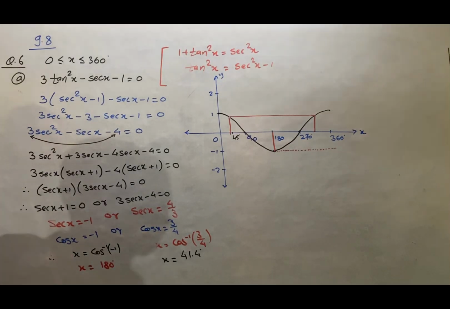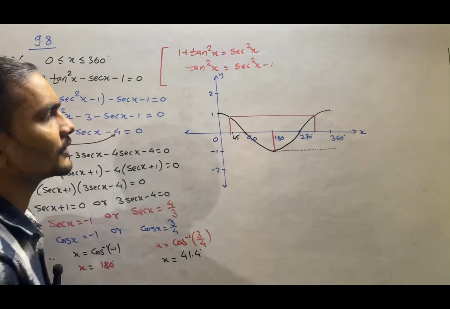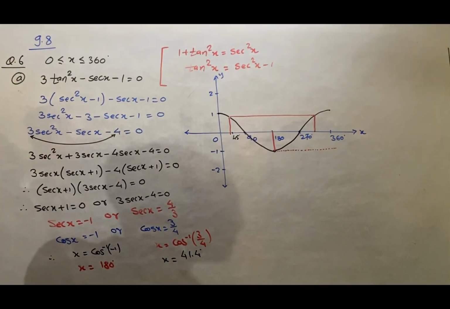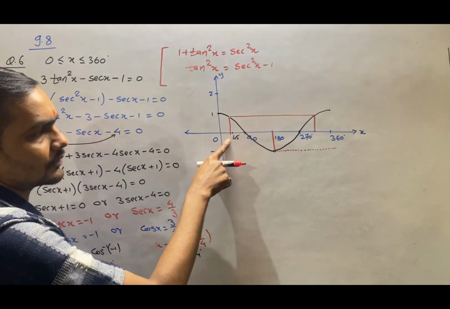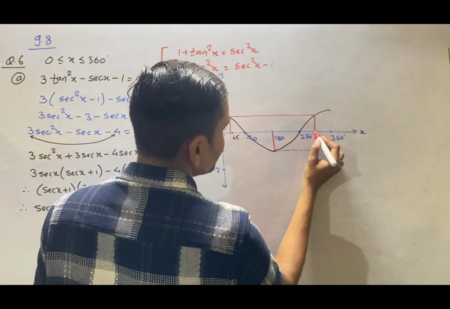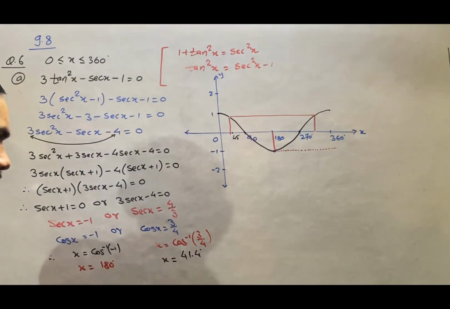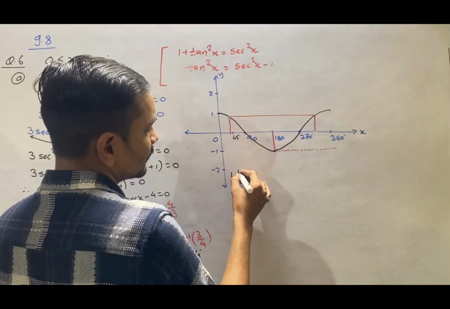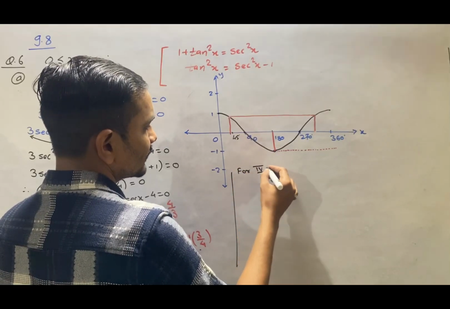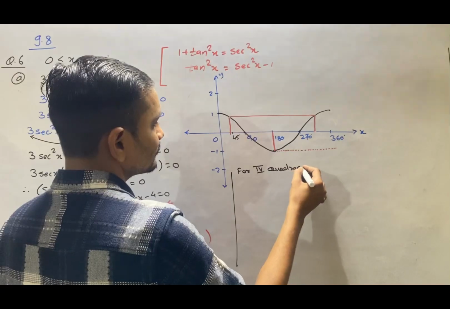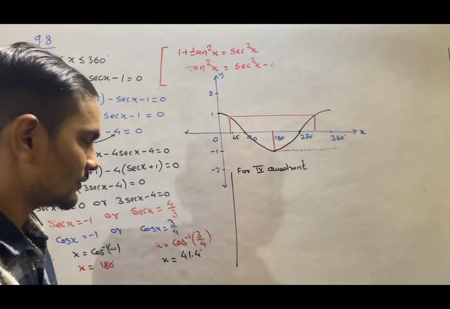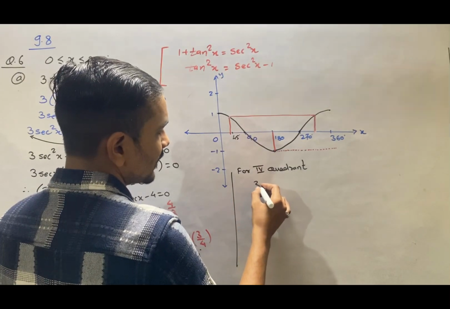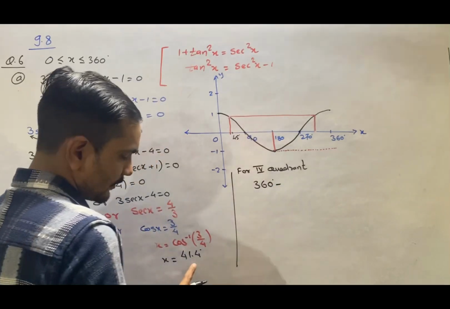So now in which quadrant are we? This is 41.4, right? So now we are in which quadrant? Fourth quadrant. So for the fourth quadrant, what will we do for the angle? 360 minus the standard angle, where the standard angle is 41.4.